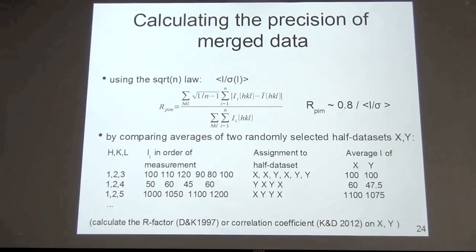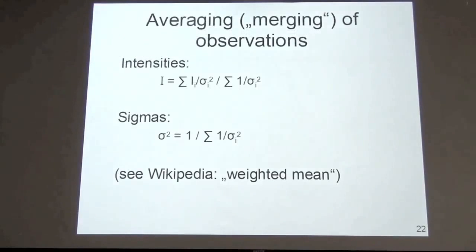Can I ask a question in the middle of your talk? Yes, go ahead. So you have RPIM approximates point A divided by I over sigma, but if you go back, you said R measured was the same. That's a different I over sigma. This is the one of the merged data. This is the merged intensity divided by the merged sigma, the estimate. So we can go back, but then I need another 5 minutes.